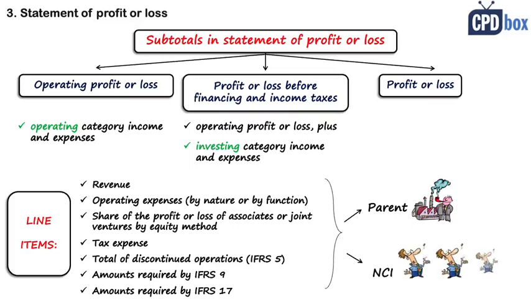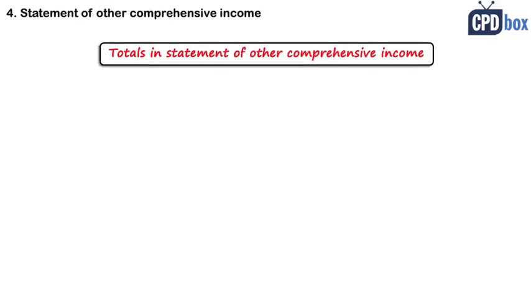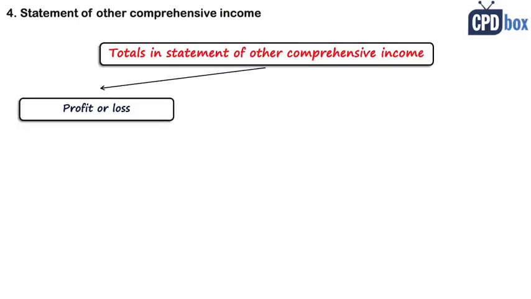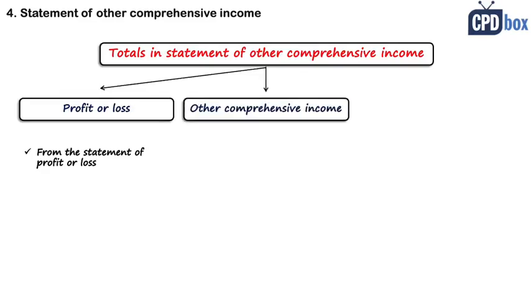Let's move to the statement of comprehensive income. Here, we need to present certain totals for profit or loss, that is carried from the profit or loss statement. Then other comprehensive income, and here you need to present individual items in one of 2 categories. Those that will be reclassified to profit or loss when conditions are met, and those that will not be reclassified.